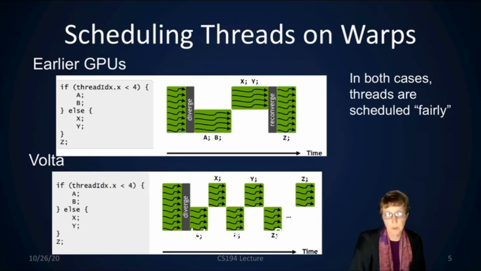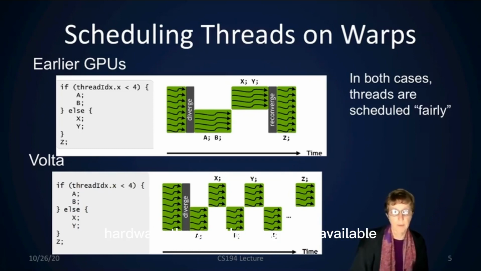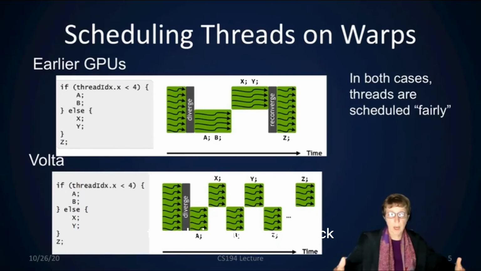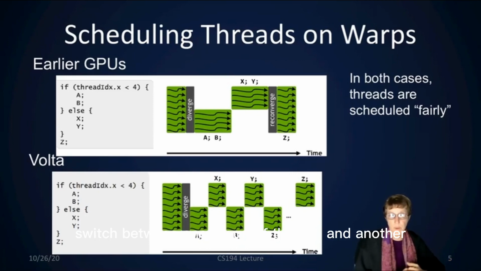Let's say it's 32 hardware threads that you have available, and let's say that you've got 1,024 threads in your thread block. Then they can get scheduled kind of round robin on the available hardware. The hardware will keep information about what is in each one of those groups of threads so that it can very quickly switch between one group of threads and another.